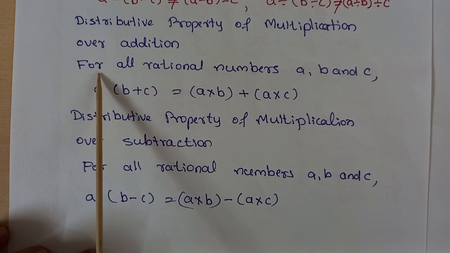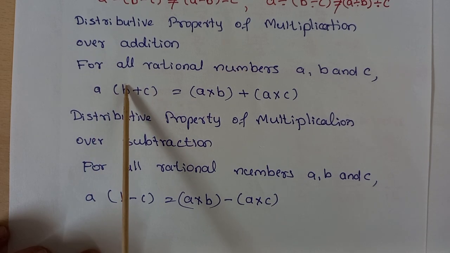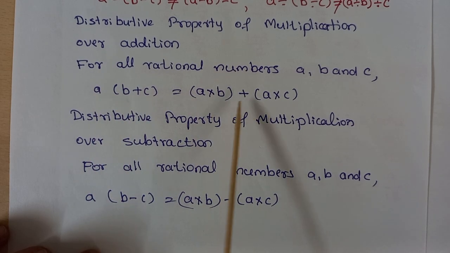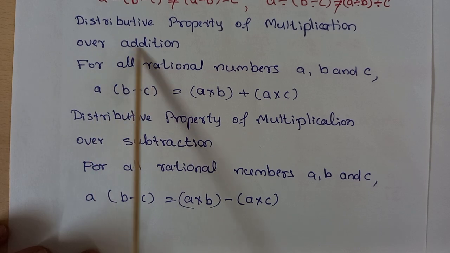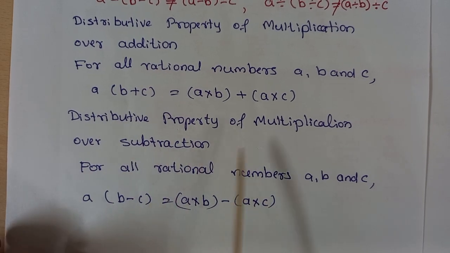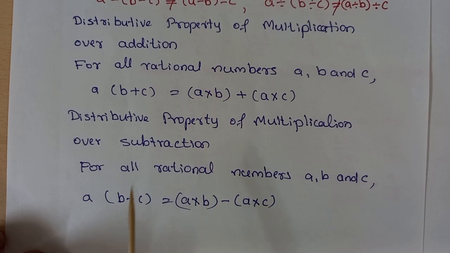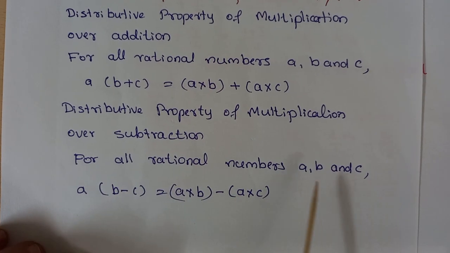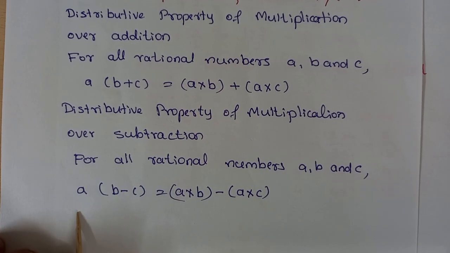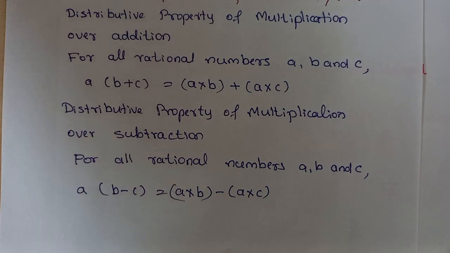That is, a is multiplied by b and then this product is added to a multiplied by c. Distributive property of multiplication over subtraction: similarly, we can say that for all rational numbers a, b and c, a into bracket b minus c is equal to a into b minus a into c.